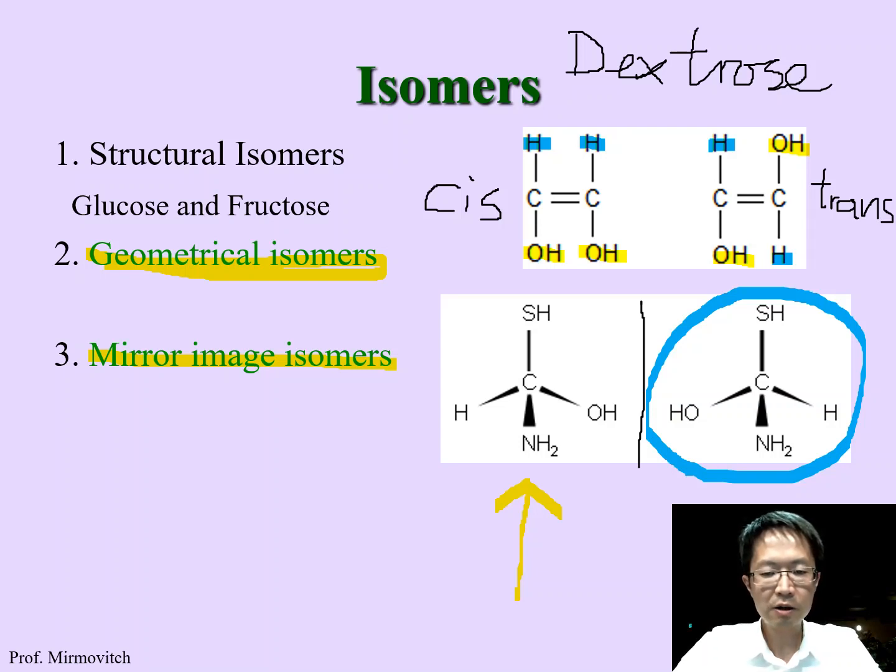If this molecule is able to rotate the sunlight to the right hand side, then we call it D type. D is like the right hand side. But the other one, the one circled by blue, the mirror image that can rotate the sunlight to the left hand side, we call it L type.